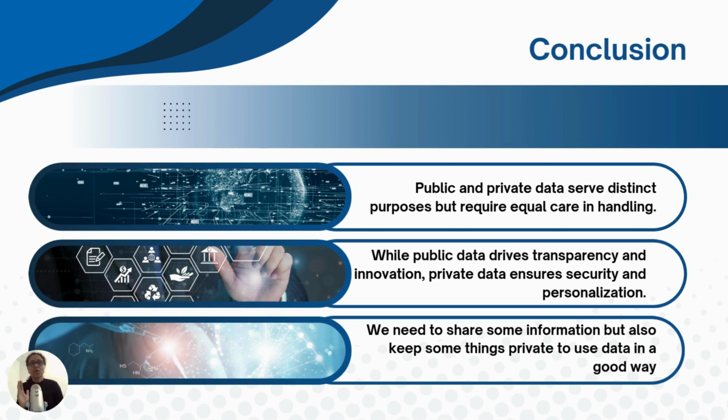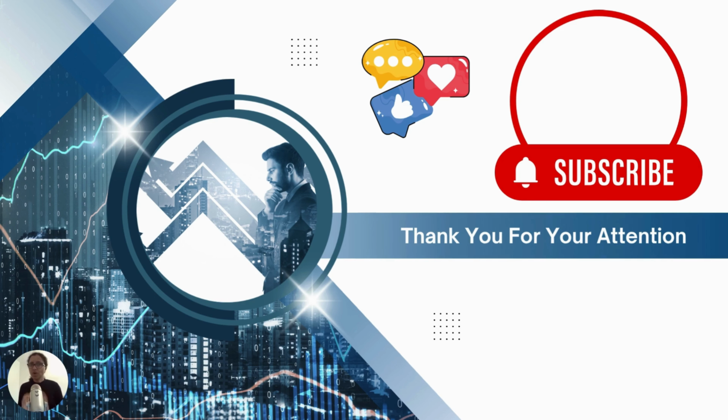Second, while public data drives transparency and innovation, private data ensures security and personalization. Third, we need to share some information but also keep something private to use data in a good way. I hope from this video you got some idea what public data and private data are.